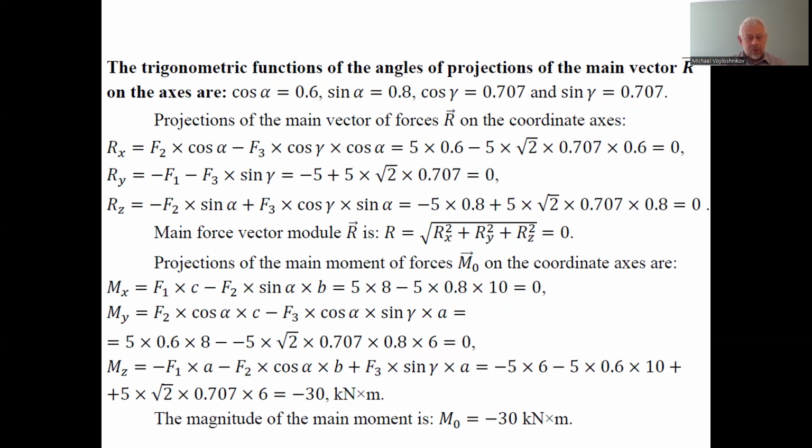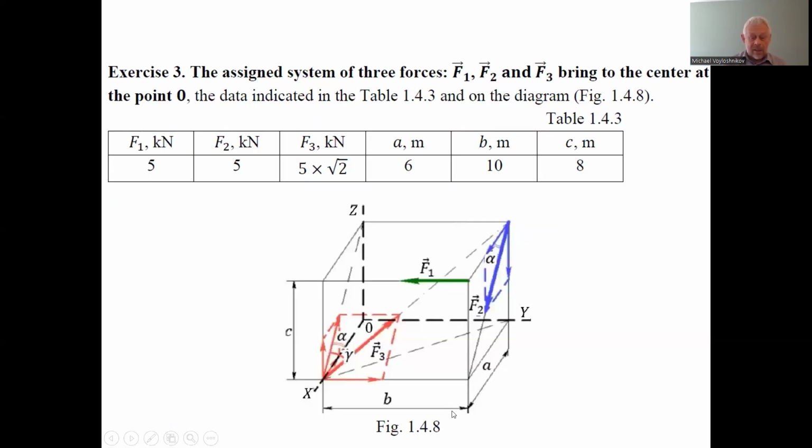Next, we determine the projections of the main vector of forces on the coordinate axes: Rx, Ry, and Rz. For Rx, first, the projection of force F1 is 0 because this force lies in the plane perpendicular to the x-axis. We have only the projection of F2 on the horizontal line of the projection.